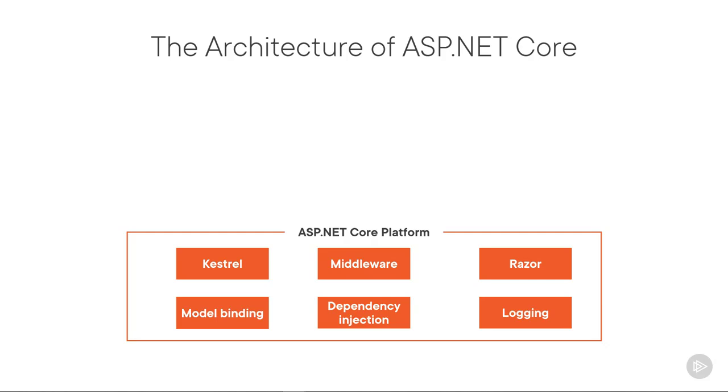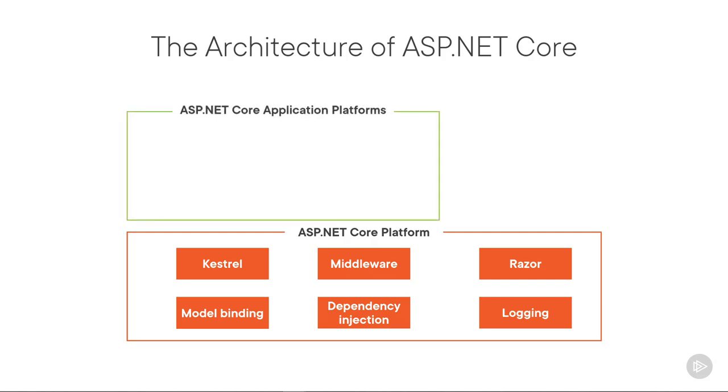Again, if most or all of these terms mean nothing to you at this point, no worries, you will learn about them soon. However, I did say one important thing: shared platform. Indeed, on top of this core shared platform, there are several what I like to refer to as application frameworks.